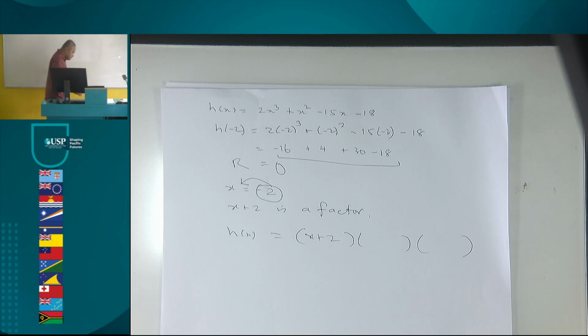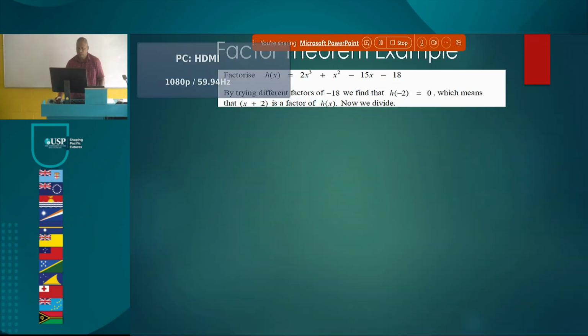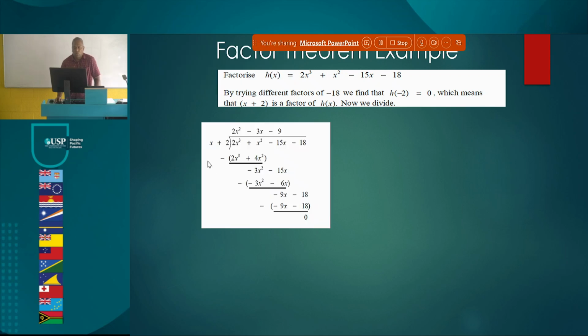However, we can do this. We can divide the dividend by the divisor that we now have identified.